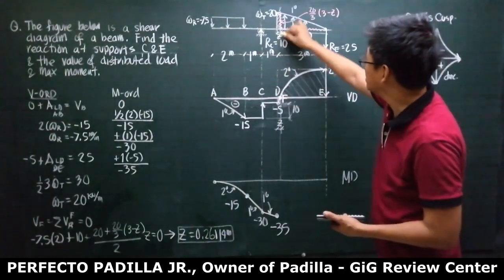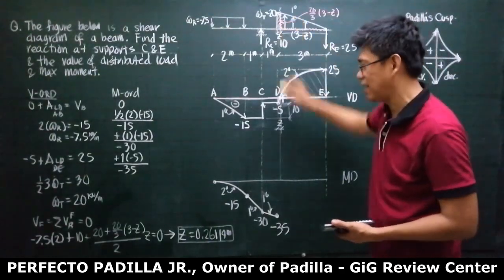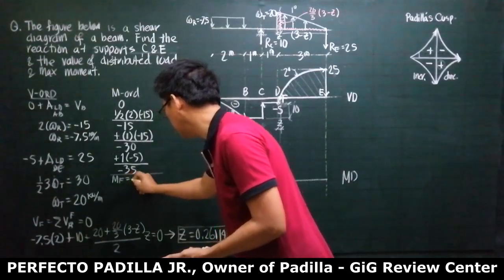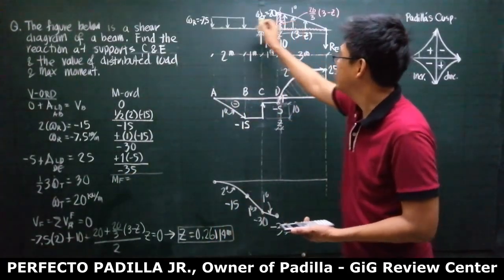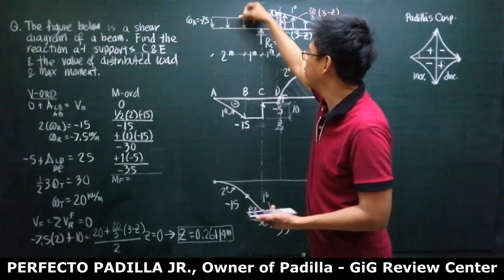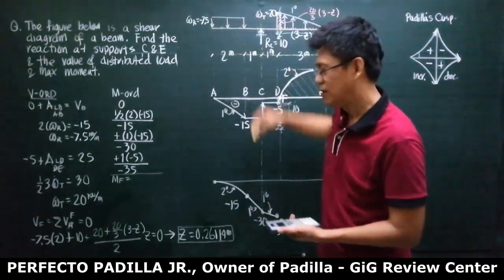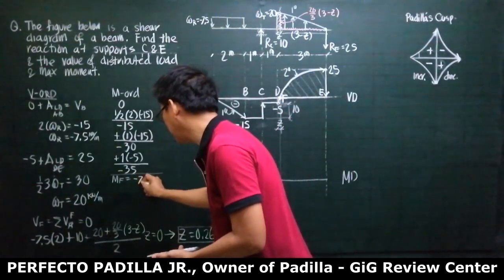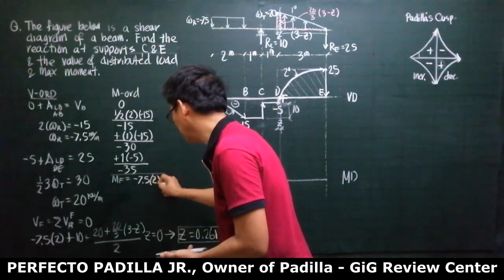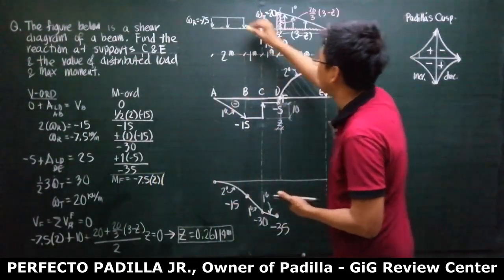So considering this diagram, the moment at F is going to be equal to, moment here, minus 7.5 times 2, times its moment arm.